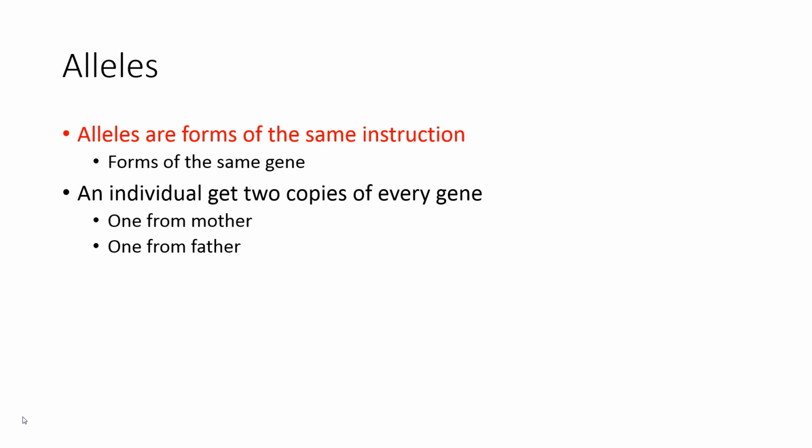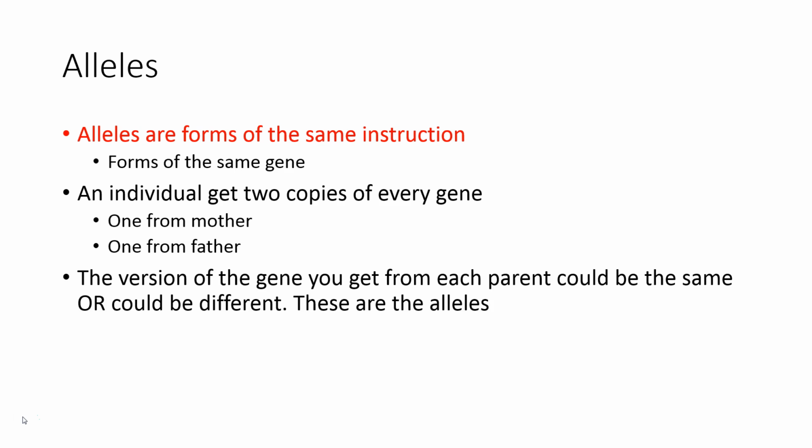And that's true whether that individual is an ash tree or a human being or an African elephant or a sea cucumber. The version of the gene that you get from each parent could be the same, or it could be different. And these are the alleles.